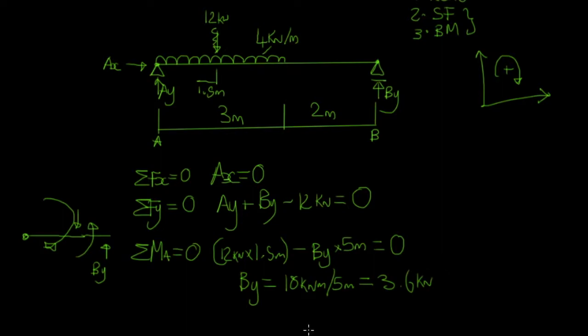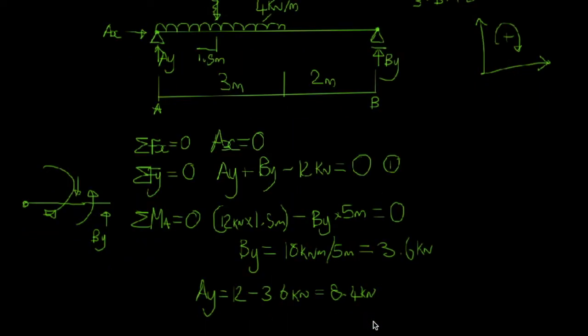Okay, so we've now found BY, and we can sub that back into equation 1, and that should give us AY equals 12 kilonewtons, which is the sum of our total forces, take away 3.6 kilonewtons, and that should give us 8.4 kilonewtons.